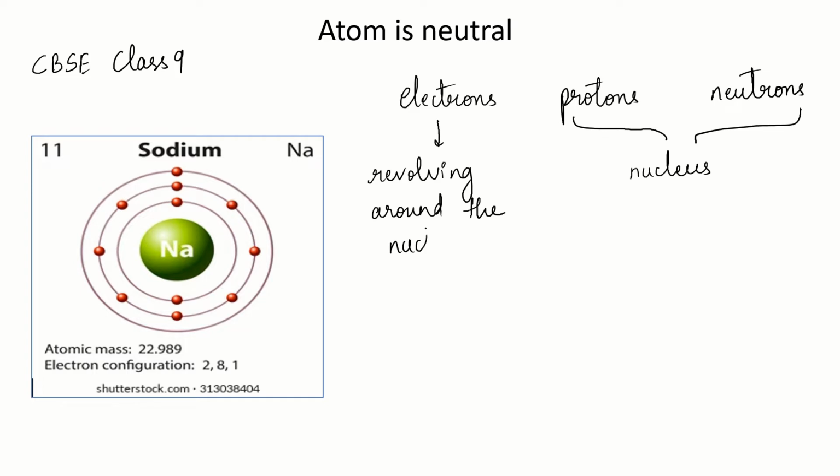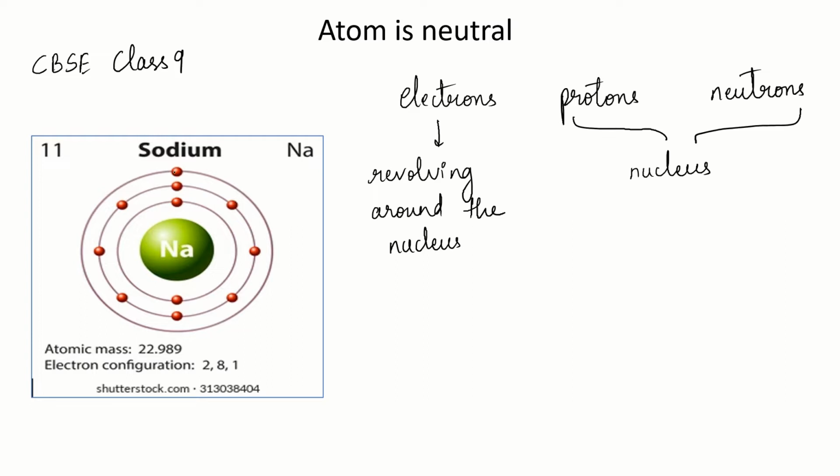So it's just like the solar system, where the sun is at the center of the solar system and the planets are revolving around it in specific orbits. So here also in an atom we have a central mass, which is the nucleus, and this nucleus is made up of protons and neutrons.